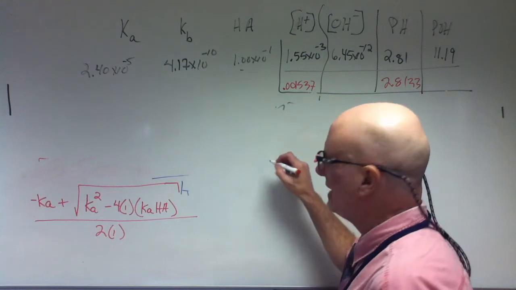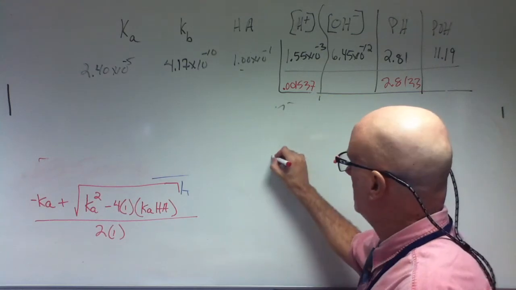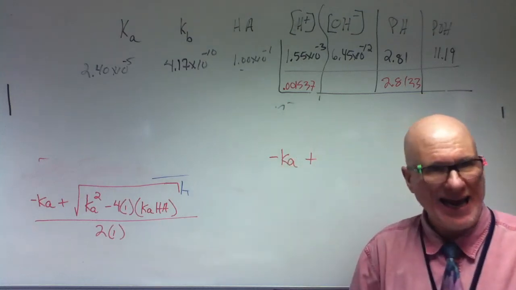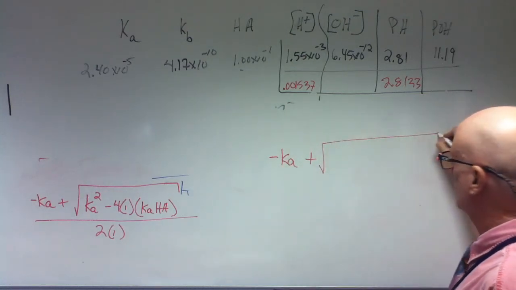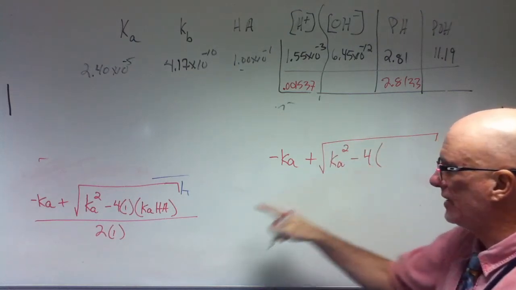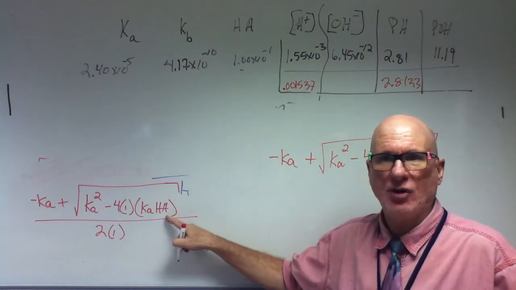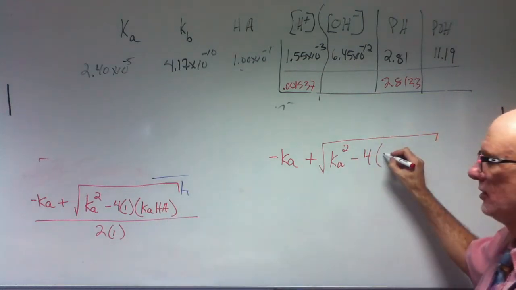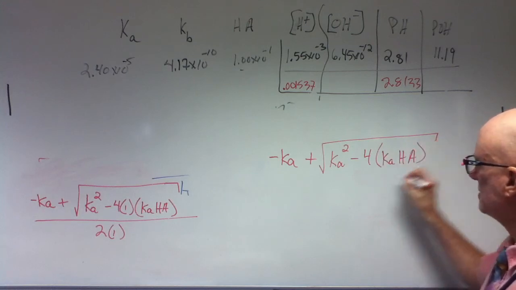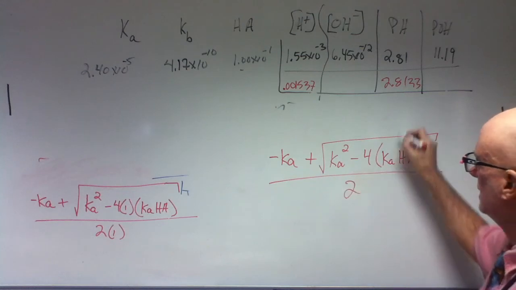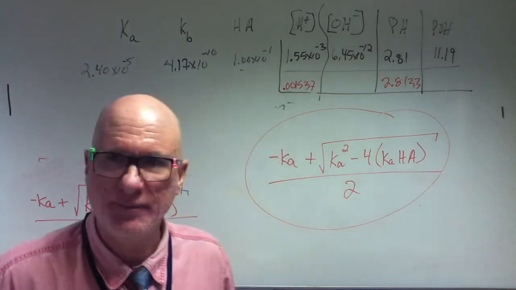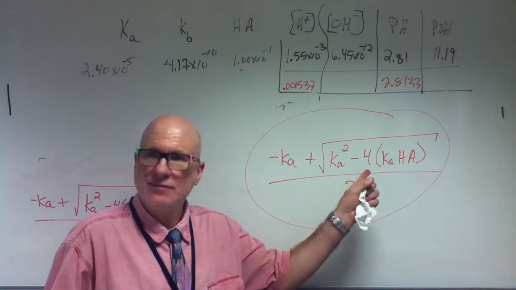So if I take the negative Ka and add that to the discriminant, which is going to be the Ka squared minus 4 times the product of the Ka, because you have all these values, right? Now all you have to do is plug in. Now it becomes this very mindless almost, in a sense, because you've already done the interpretation. So it's done. You get it?